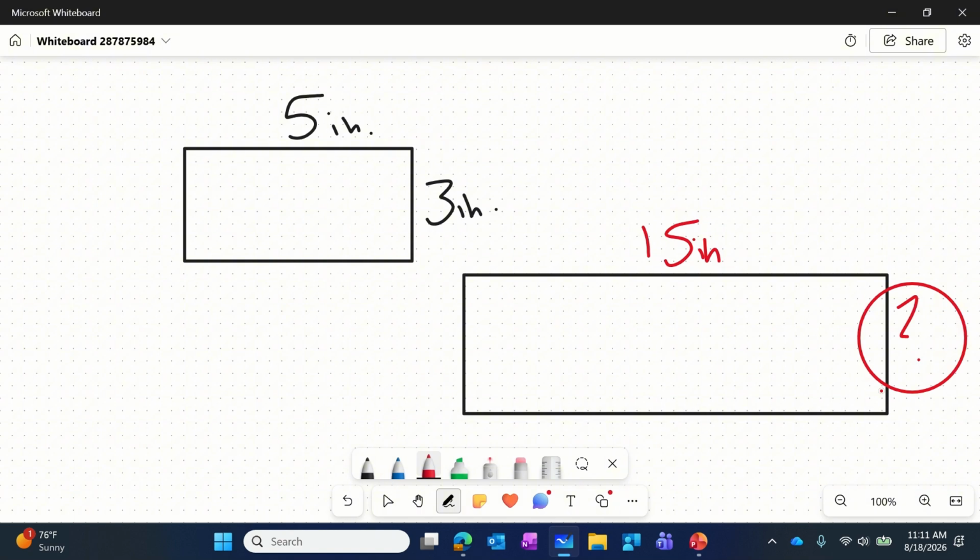What was the correct answer? Say it nice and loud, please. Ladies and gentlemen, if I ask you how tall you are, you're going to look me in the face and say 5? How tall are you? 5. What? You're going to say what, ladies and gentlemen? One of you is 5 inches tall? Okay. So, you're going to put the measurement. So again, the question was, what is the length of the missing side? And you guys needed to say what? Ladies and gentlemen. Okay. The correct answer is 9 inches.